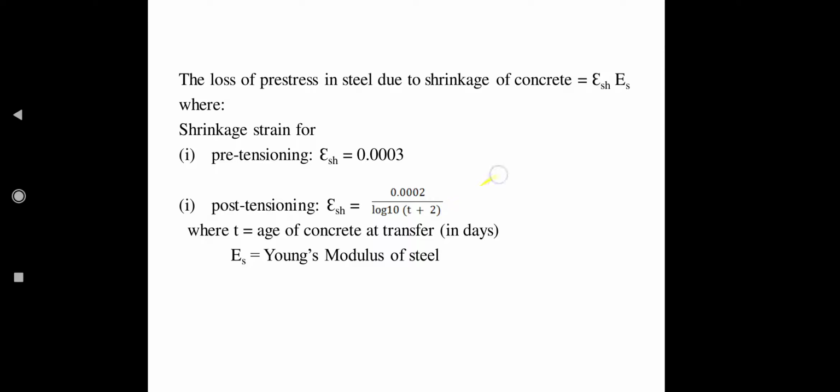Here T is the age of concrete and Es is the Young's modulus of steel. So using these equations we can calculate the loss of pre-stress due to shrinkage of concrete in pre-tensioning as well as post-tensioning members.